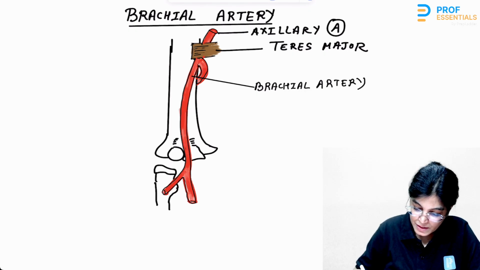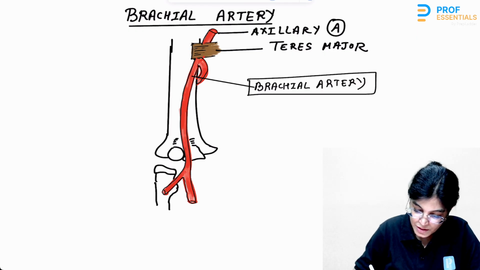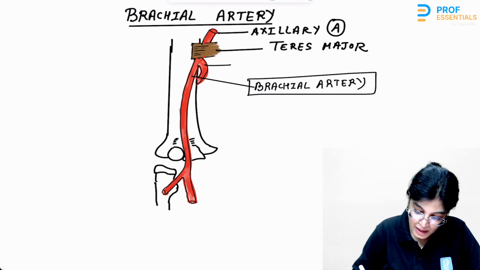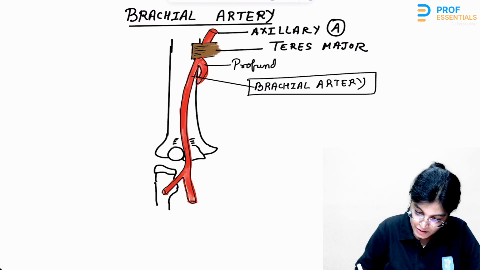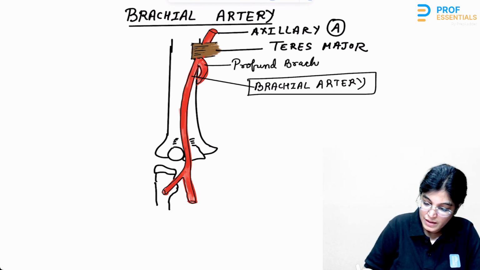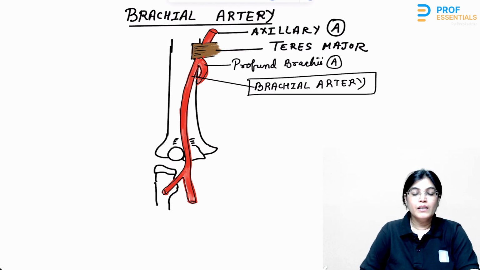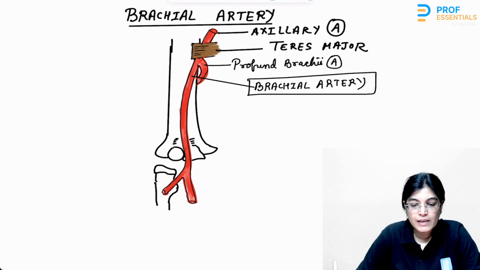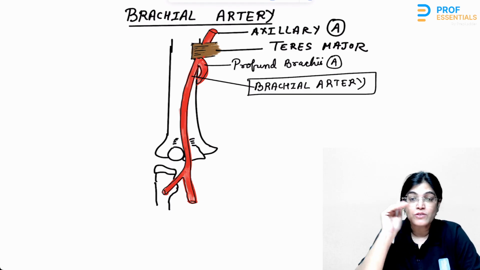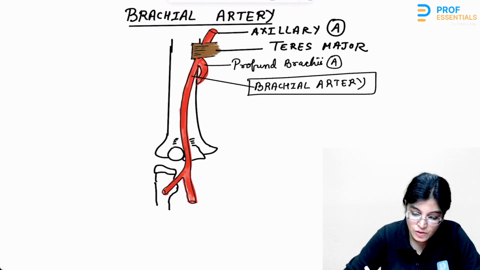And one of its important branches, the first branch which is given on the posteromedial aspect, this artery which you are seeing is the profunda brachii artery. You can see it is running in the posteromedial aspect, profunda brachii artery. Other than that, I would like to show the important branches of the brachial artery.